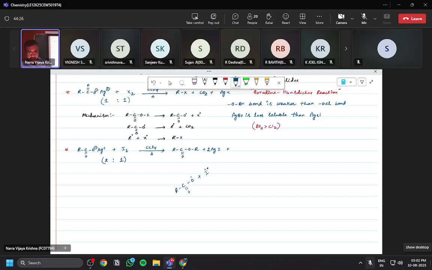All right, I will do one thing. First, let me write this. First, AgI is gone. After AgI, what you will get? This bond is weak, so it will break down readily.